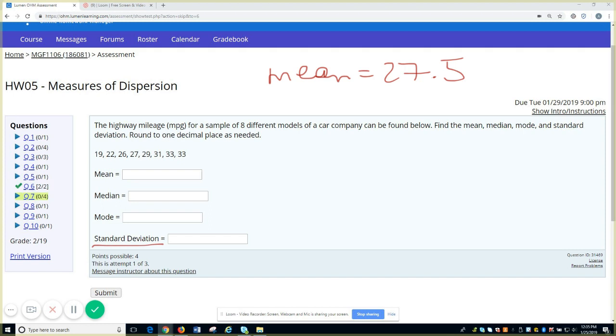Second step is to find the deviation of each data value from the mean. I subtract the mean from the data value. So 19 minus 27.5 is negative 8.5. Then 22 take away 27.5 is negative 5.5. All I'm doing here is subtracting my mean, 27.5, from every single data value and listing out what I get.